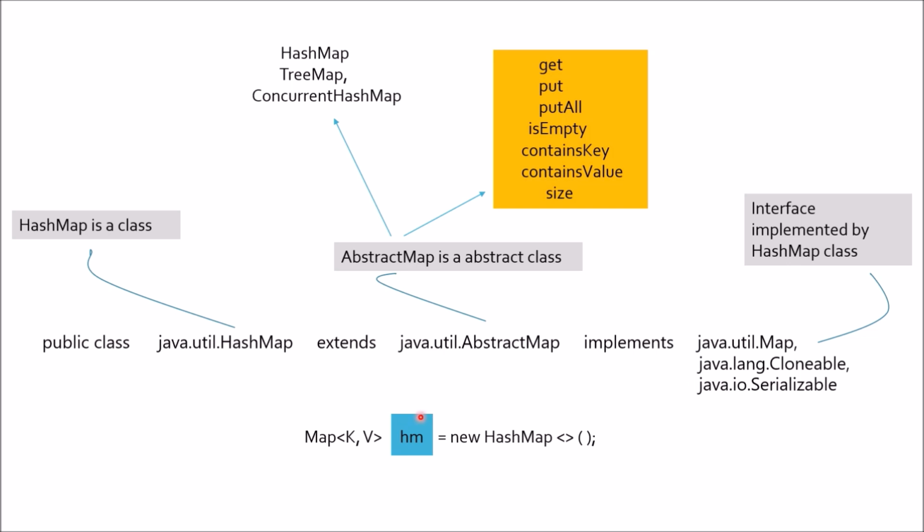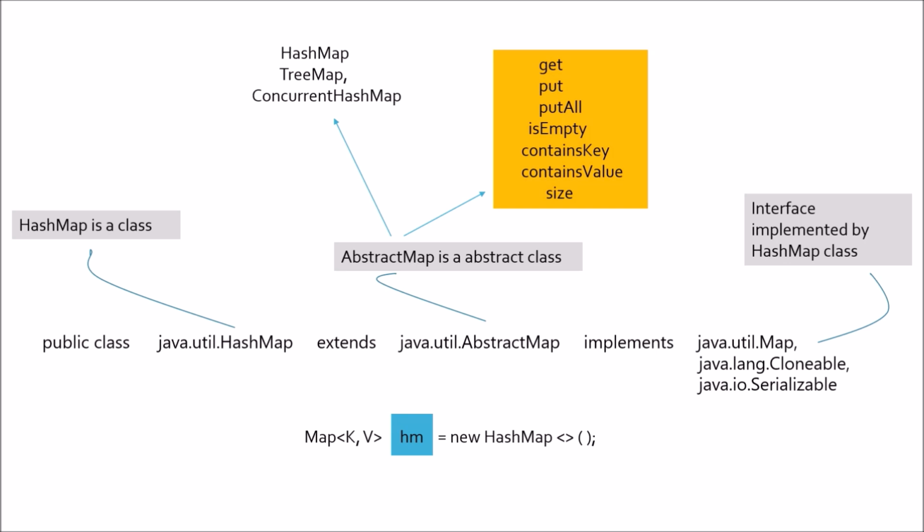So whenever you create an object of HashMap, each object will have the ability of, or you can say the property of, Cloneable, Serializable and Map. So this was one of the examples to understand where you can use abstract class and where you can use interface.